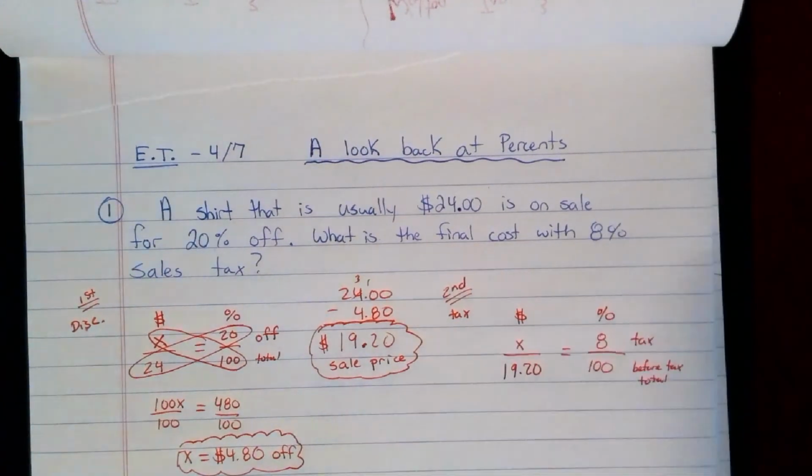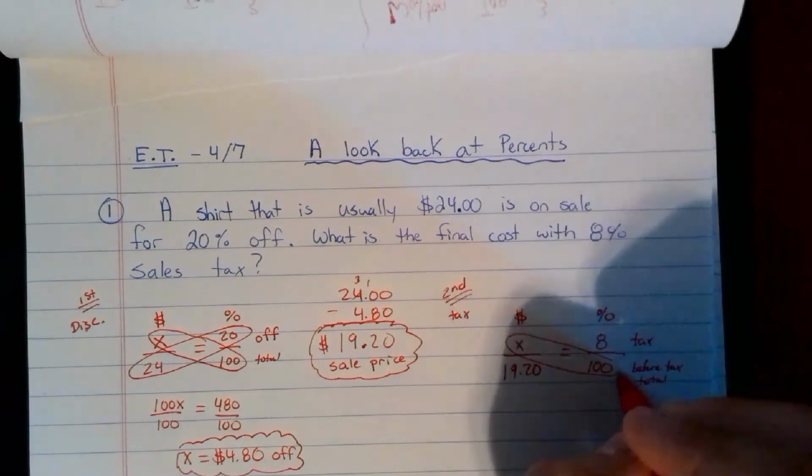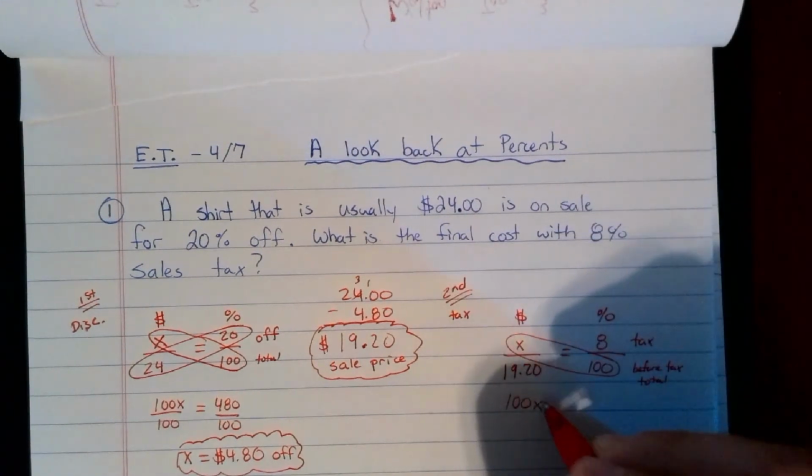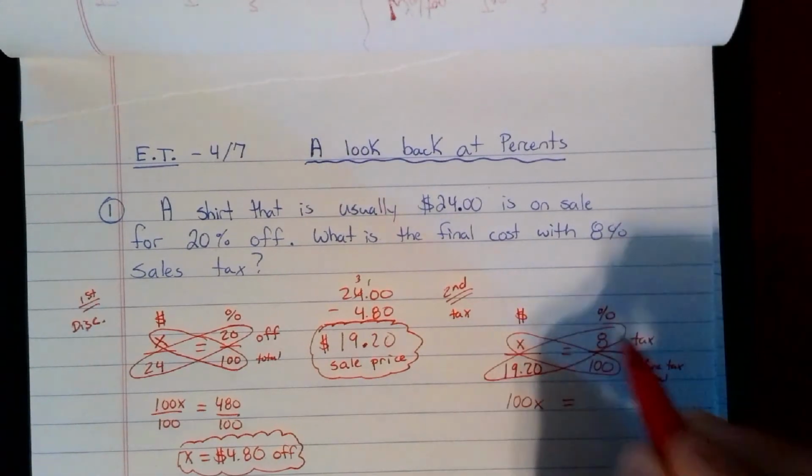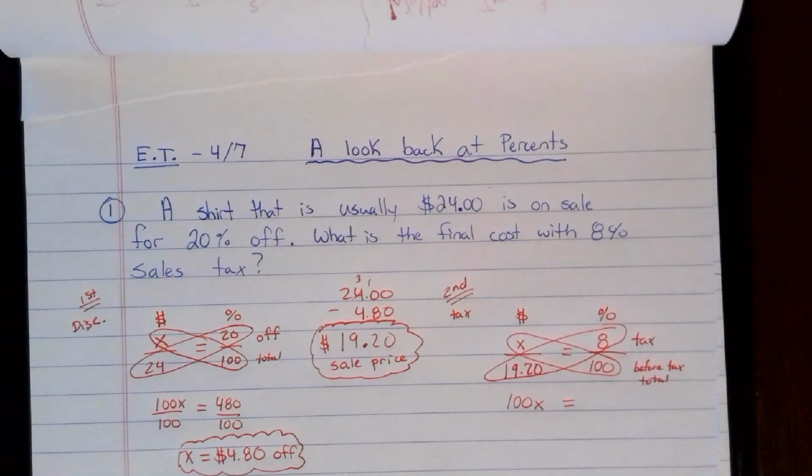So now I can cross multiply again. 100x is 100 times x, bring down my equal sign. 8 times 19.20, I think I did it before. I don't remember. 1536 is in my head here. I'll have to do it real quick. 19.20 times 8.